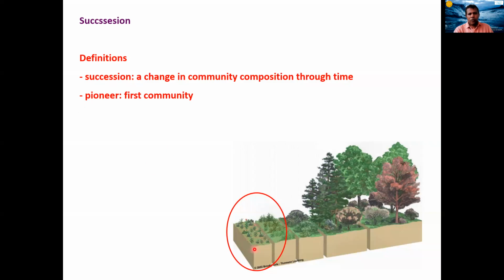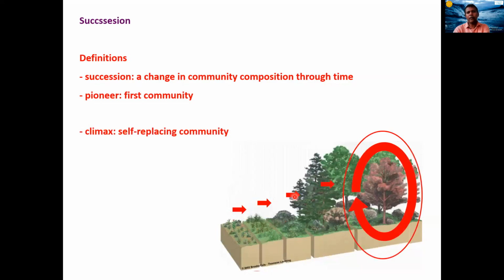Whoever comes first to this kind of ecosystem where there was no life before, we call them the pioneer community. They are the ones who first appear in that particular ecosystem. And the other one, once it's fully grown, like in this case, is called a climax community.